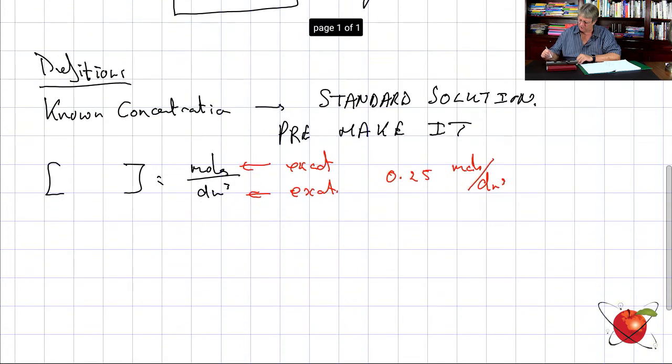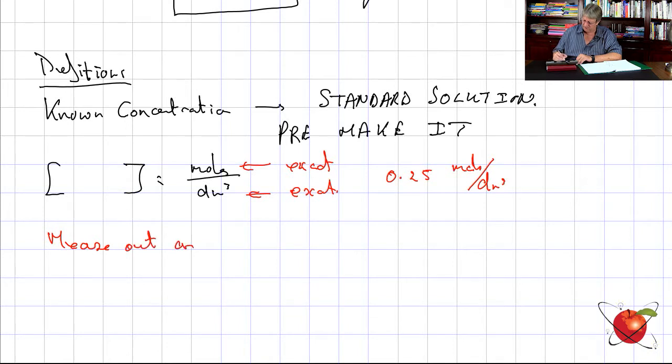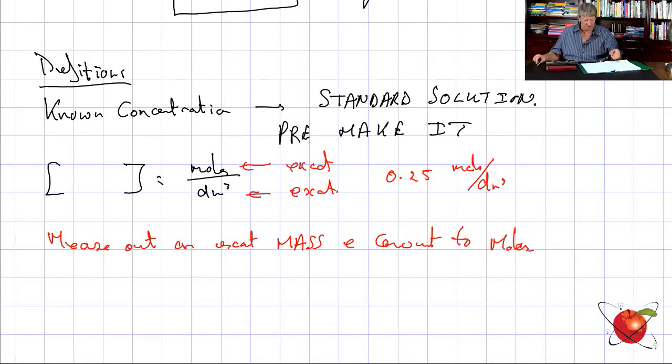All that you're going to do is measure out an exact mass and convert to moles. If you are asked how to create a standard solution of 0.25 of something, what will you do? You know the concentration, 0.25 moles per decimeter cubed. Therefore, if it's half a decimeter cubed, you know exactly how many moles you need.